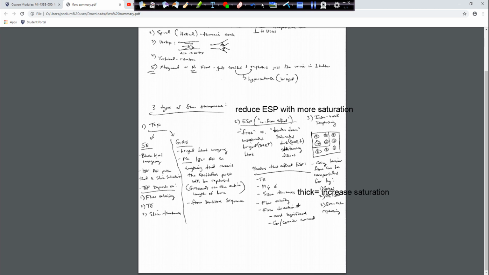If our flow velocity is fast, we get less saturation because that blood flow is not going to get those repeated RF pulses if it's really fast. It goes right through that slice, so it doesn't get as many RF pulses. And then our most significant factor was our flow direction. We had co-current and countercurrent. Remember, countercurrent reduces the amount of saturation because we're going against the flow of blood.